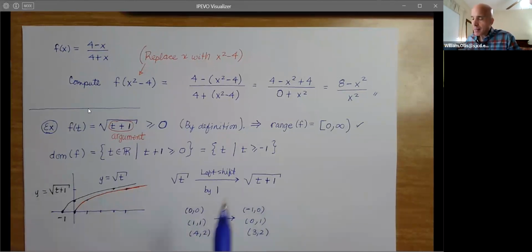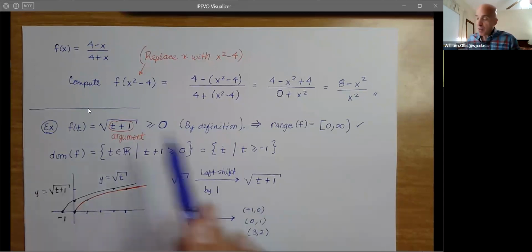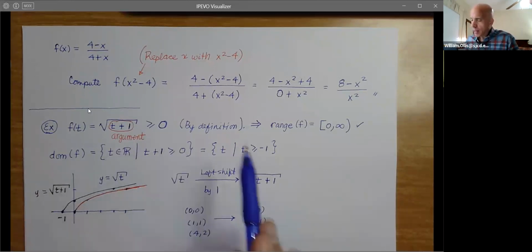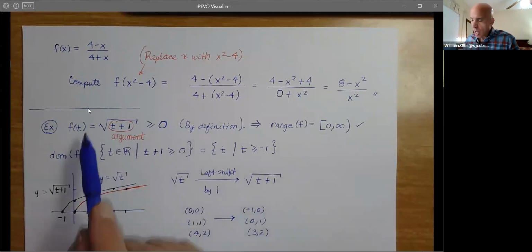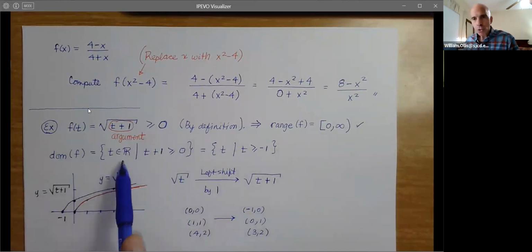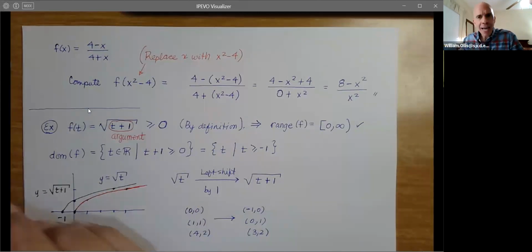So the idea is now that you look at the square root function and you think about this and say, oh, okay, by definition, non-negative. And then I want to make sure that my output is real. So how do we figure out the domains of real valued functions of a real variable?